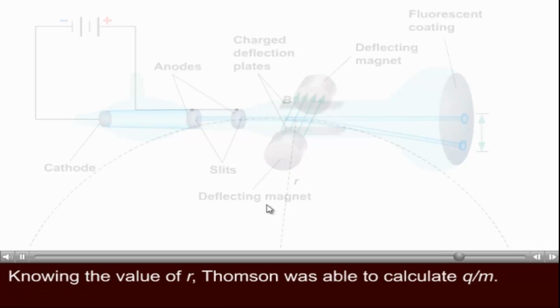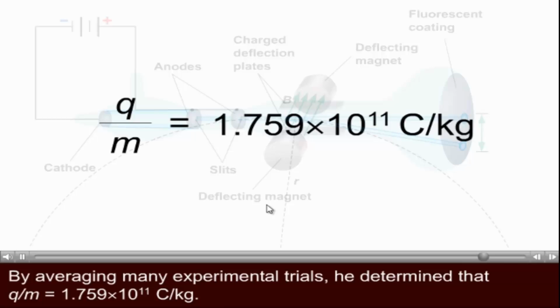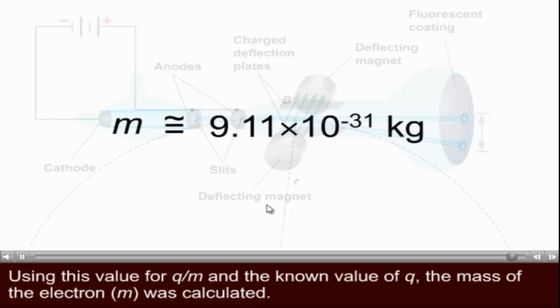Knowing the value of r, Thomson was able to calculate q divided by m. By averaging many experimental trials, he determined that q divided by m equal to 1.759 multiplied by 10 to the power 11c divided by kg. Using this value for q divided by m and the known value of q, the mass of the electron, m, was calculated.